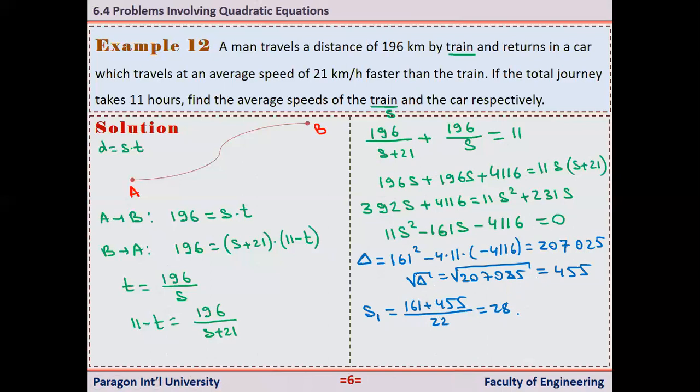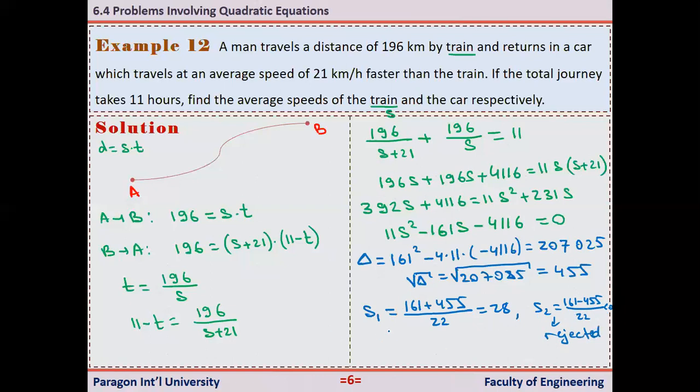And if you evaluate the other one, it is 161 minus 455 over 22. It is less than 0, right? Speed is the absolute value of velocity, so it is always positive. So this answer is rejected.